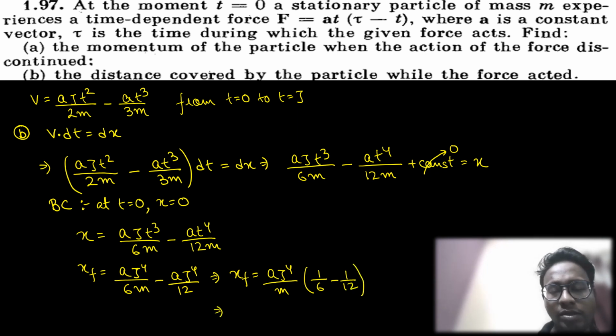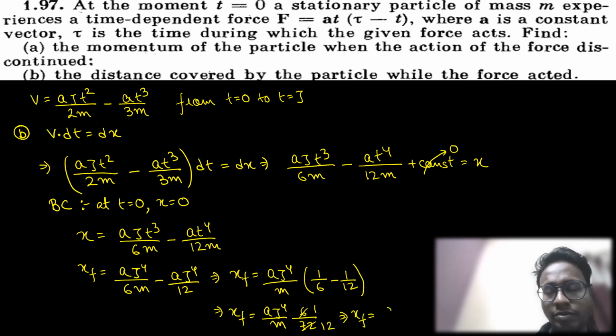Or x final is equal to a tau to the power 4 by m times (12 minus 6) divided by 72. Or final displacement is equal to a tau to the power 4 by 12m.